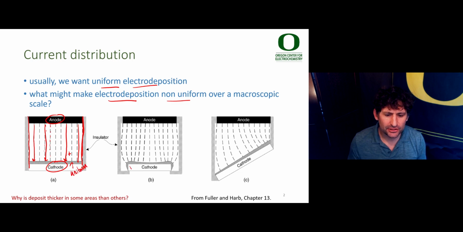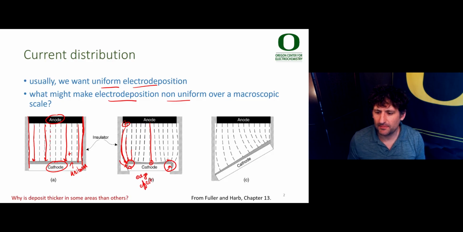Now imagine you have edges. The edges of your cathode will have more electrolyte around them that they can utilize to transport current. And so they will actually have a lower resistance of electrolyte to move ions from the anode to that part of the cathode compared to the material in the center of the cell. Thus, you'll get a non-uniform deposition, and this is known as an edge effect.